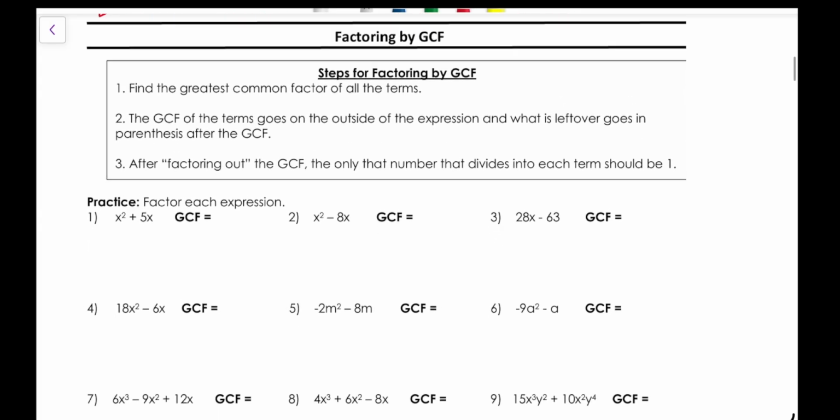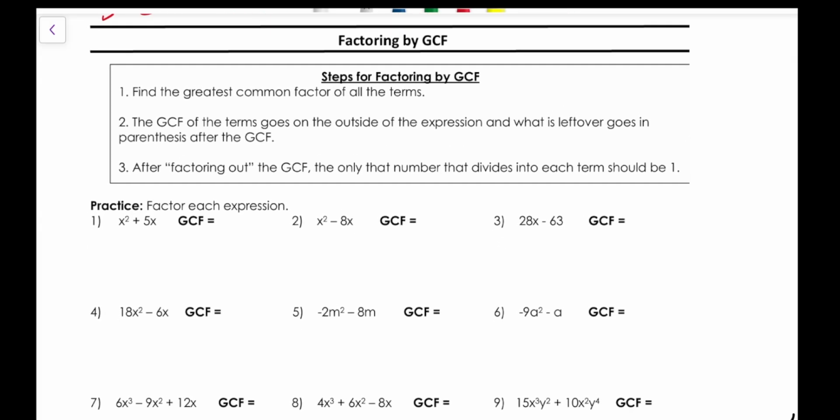Now, sometimes we factor by a GCF. Also remember, GCFs can include variables. So we're going to find the greatest common factor of all the terms, especially the numbers. The GCF goes on the outside, and then everything else that's left goes on the inside. And so let's just do one.